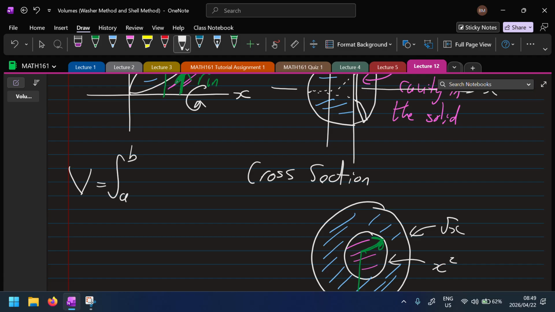Because remember that pink, we remove that. So we do the volume of the outside. So it's a circle, so pi r out squared. That will be the outer volume. And remember the pink part, that's hollow. We want to remove that. So it's going to be minus the volume of the pink part.